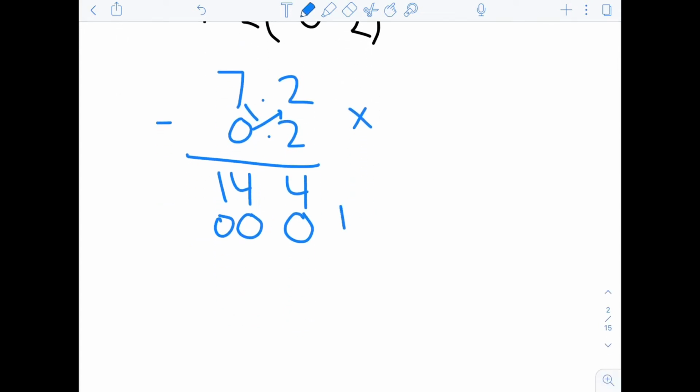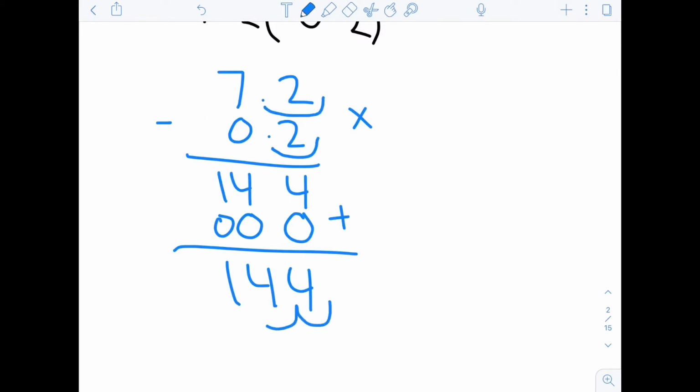And when you add that, you get 144. And since this decimal point is back 1 and this one is also back 1, then this is going to be back twice. So the product is negative 1.44.